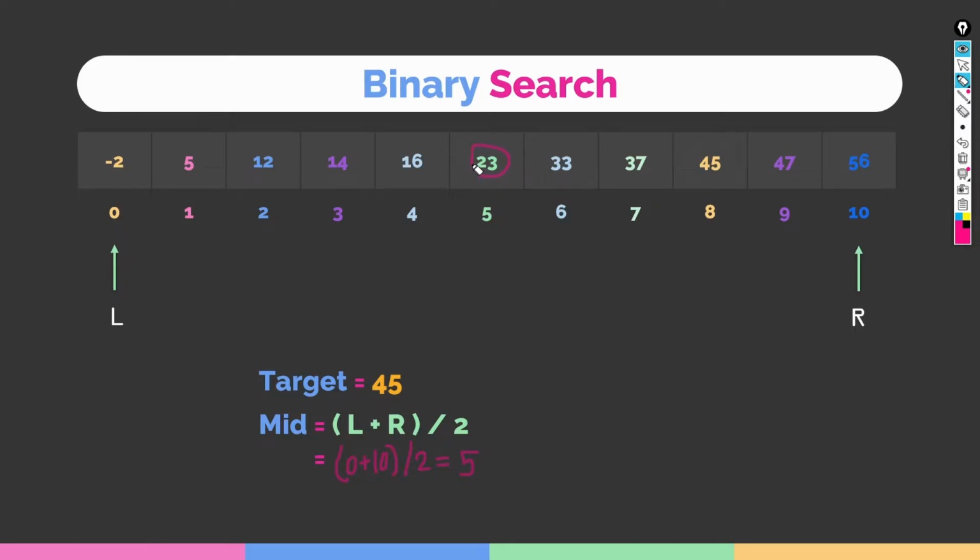So this is the value. Now this value is clearly lower than the target, so we can easily say the target cannot be here. We need to consider only this portion. So this L needs to be here. So let's do that.